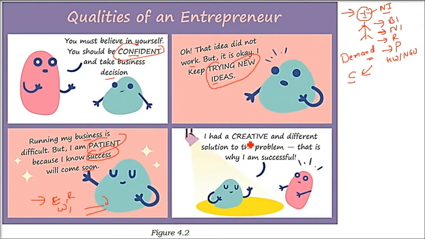Right? Now, being creative. There are so many problems in front of us. Society problems, demand problems. The solution can be very naive, very traditional. But the problem can be solved in a different way, in a very sophisticated or different kind of way.